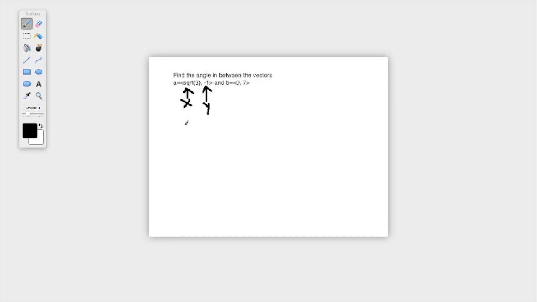So we're going to use the formula for the angle in between: cosine theta equals the dot product of A and B over the magnitude of A times the magnitude of B. When we take the dot product, that's square root of 3 times 0 plus negative 1 times 7, which equals negative 7.